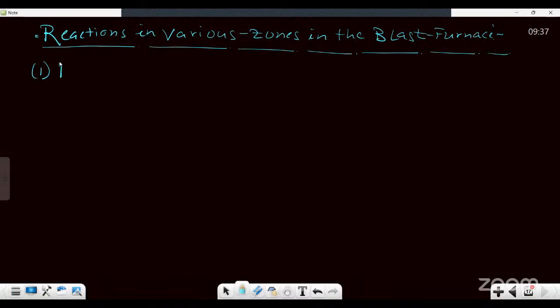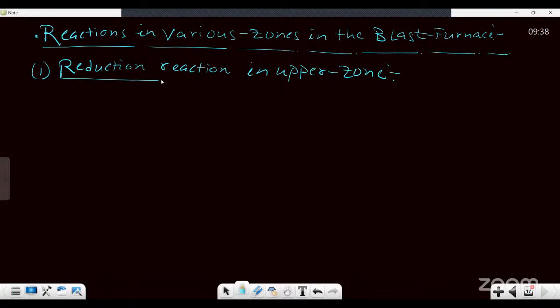First, we'll talk about reduction reactions in the upper zone. Okay. Upper zone means the upper part of the blast furnace. We'll first see this: reduction reactions in the upper zone.